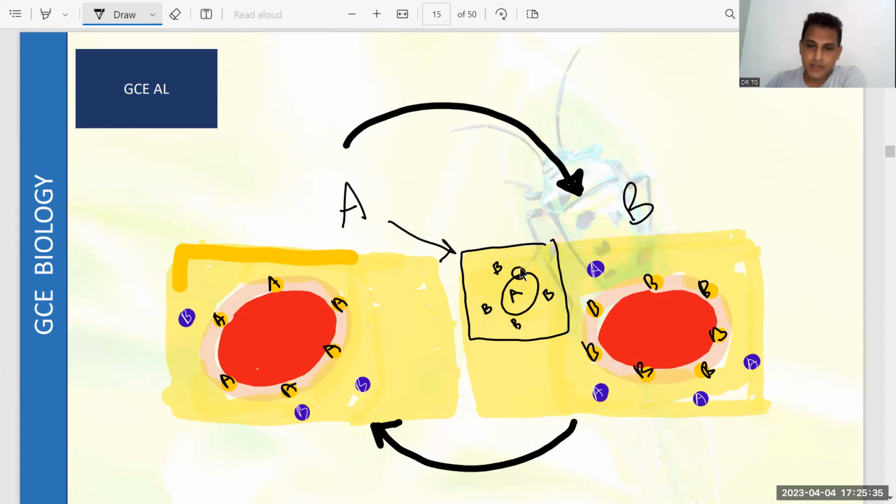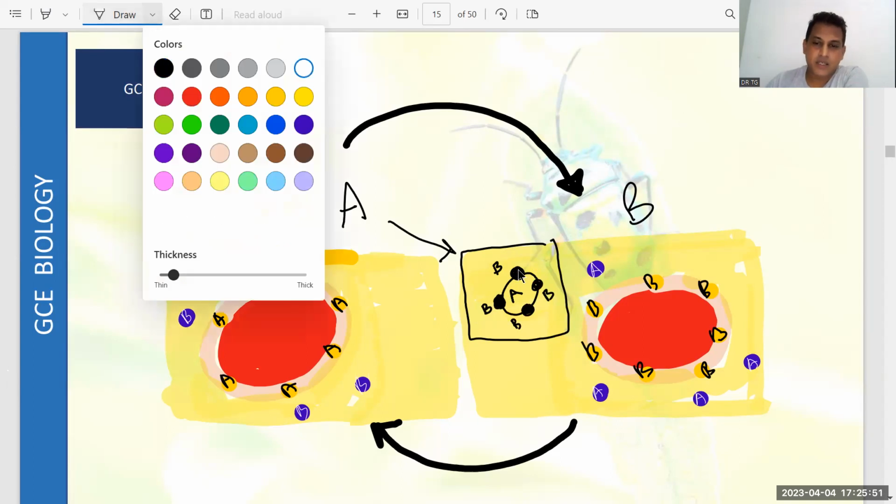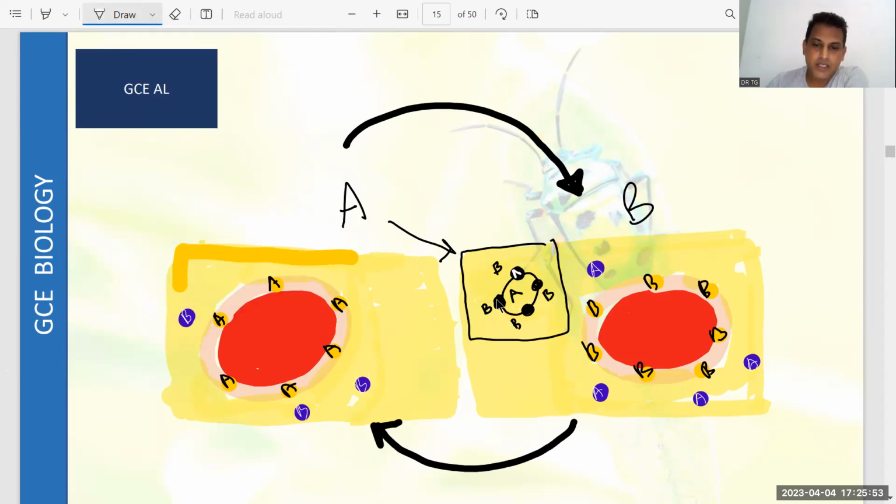The type of antigen in person A is A antigen.